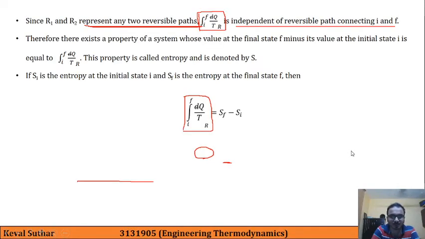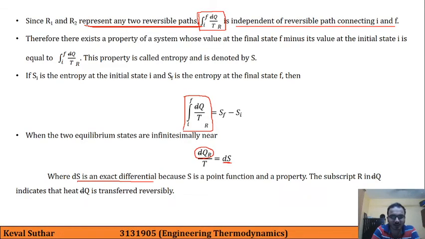So this is all about our proof that entropy is a property of system.